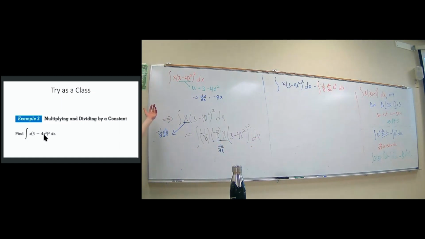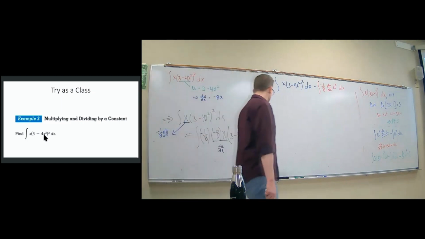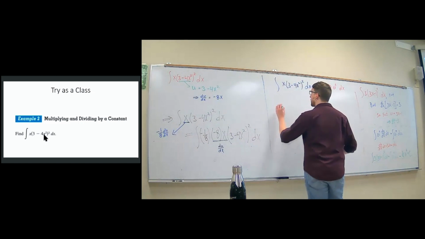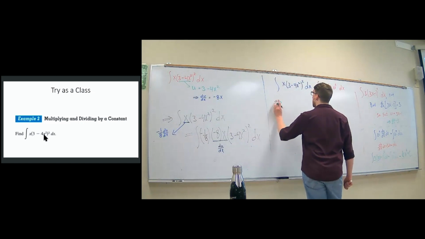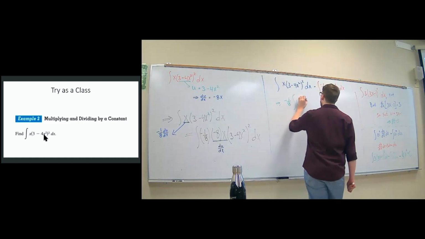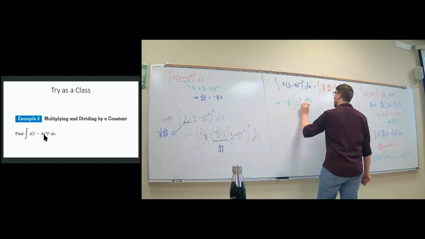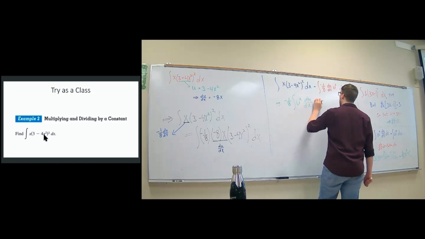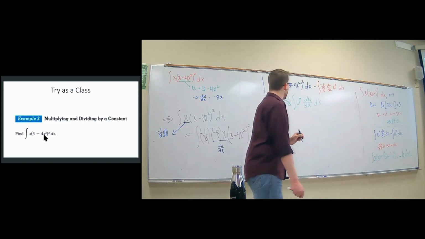Well, I can bring out that -1/8, and I can rearrange everything to get -1/8 the integral of u squared du dx, integrating with respect to x.